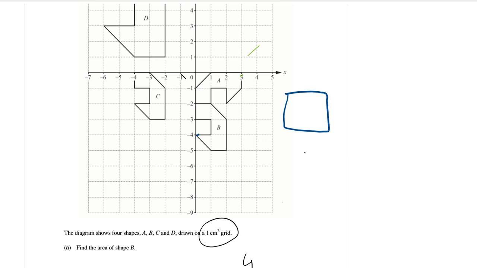So let's see how many places it went left. One, two, three, four. So it's minus 4 in the x direction. Why minus? Because we moved left. And from here, how many places did this point move up? 1, 2. So it will be translation with the translation vector minus 4, and as it is moving upwards, in the y direction plus 2.